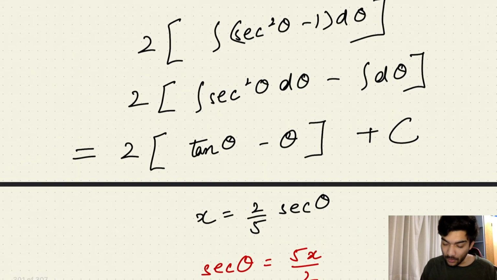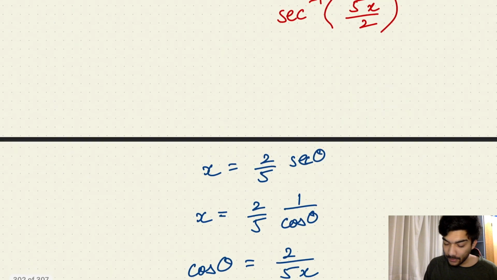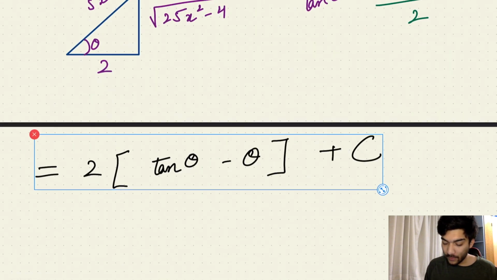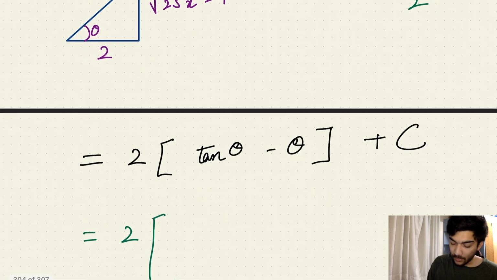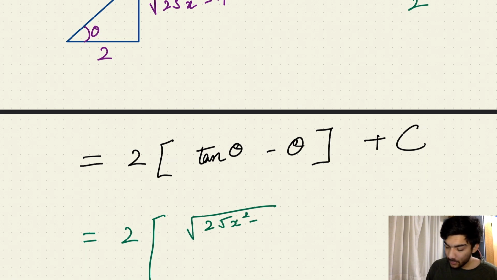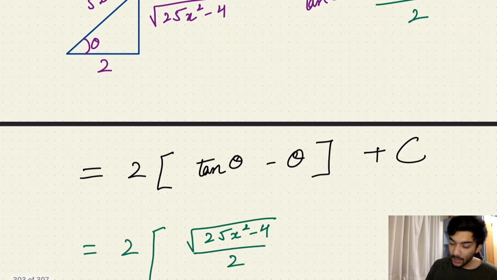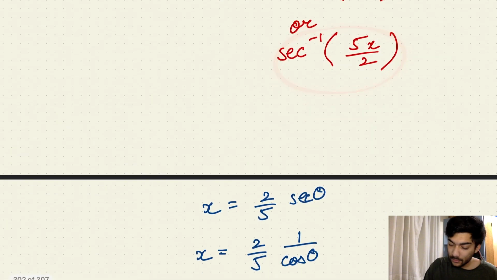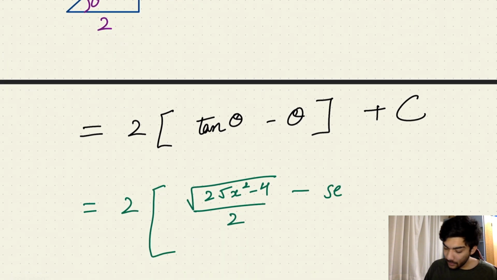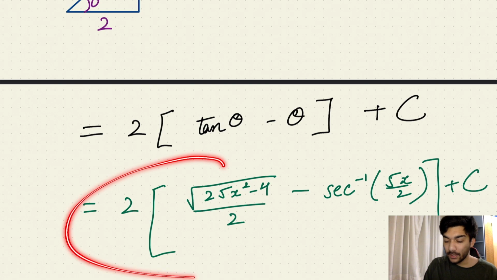So now the final answer in terms of x would be simply twice of under root 25x square minus 4 by 2, which is this tan theta expression, minus your theta, which is secant inverse 5x by 2, and then the constant of integration at the end.